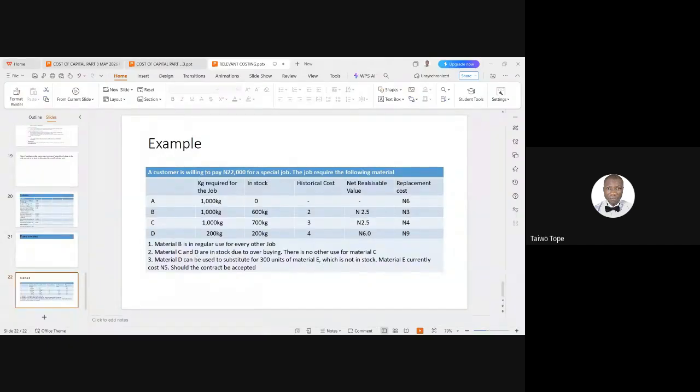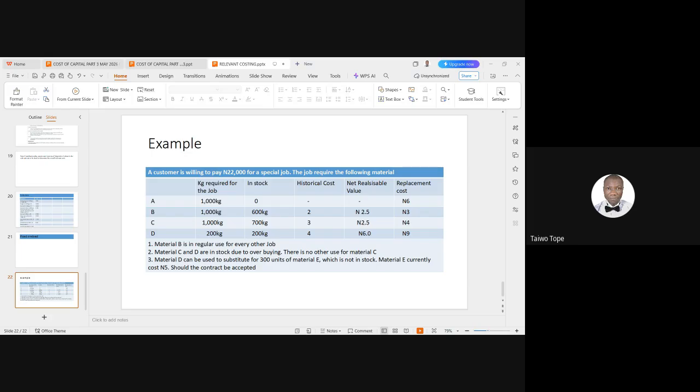The net realizable value per unit is what? 6 naira. 6 multiplied by 200 kg will give you what? So it's 1,200, sir. All right, ma'am.